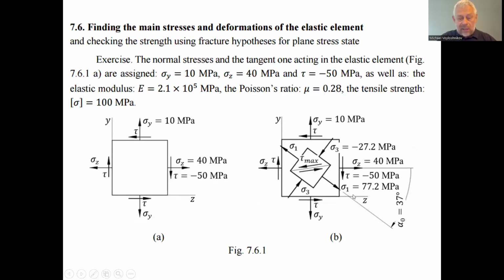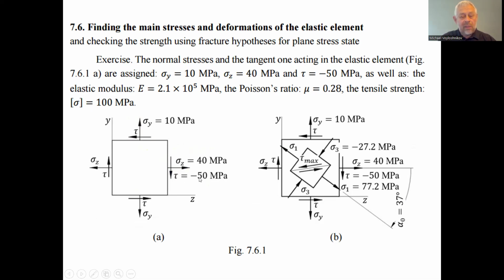So we can indicate the main direction of application of the main stresses. For the main normal stress sigma 1, we have to rotate the axis of application of the main normal stresses by the angle alpha, 37 degrees. The direction can be found from the direction of application of the tangential stress.